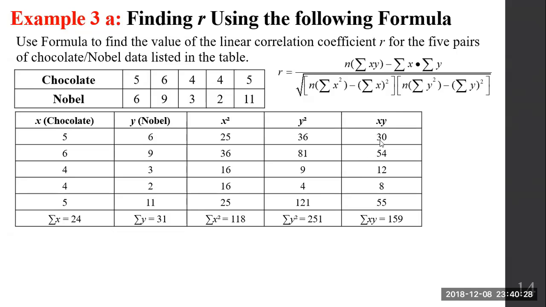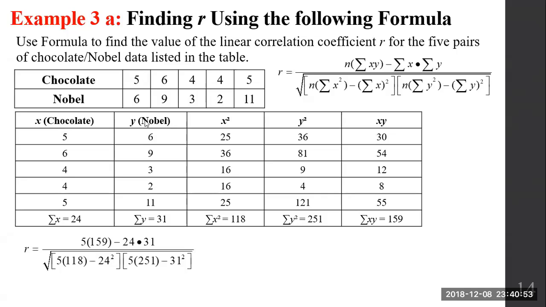We also need the sum of XY, so we multiply X times Y, list them, and sum them up, which is 159. That's all we need to substitute into our formula. Notice that n is equal to 5, not 10.